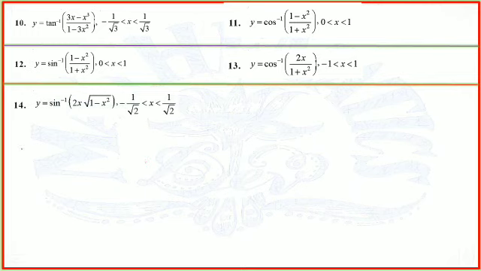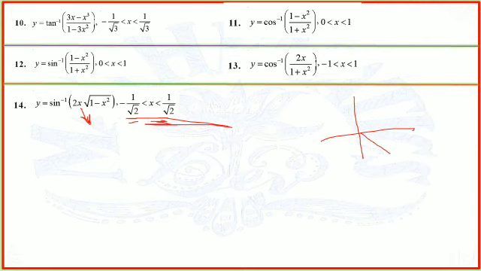The 14th question, y is equal to sine inverse 2x root 1 minus x square. So here you replace this x by sine theta or cos theta, but here x is given from minus 1 by root 2 to plus 1 by root 2. So that means this value goes from the fourth quadrant to the first quadrant. So you will be replacing here x is equal to sine theta. Then it will be 2 sine theta and root 1 minus sine square theta.